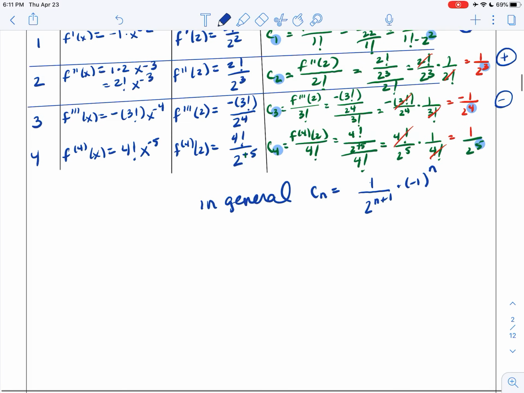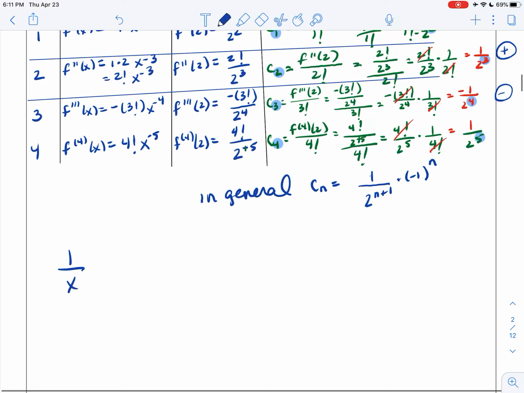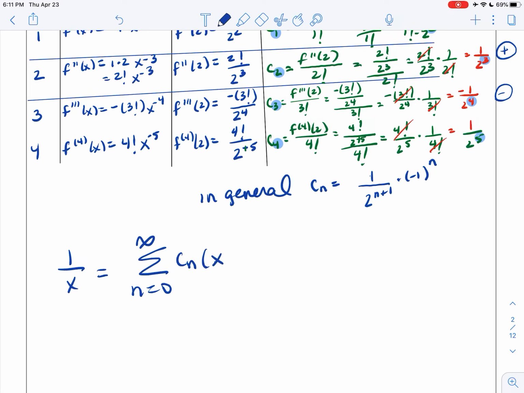So since I have an n general, I can form my Taylor series. So my 1 over x, if it has a Taylor series expansion, when I start from n equals 0 to infinity, my C sub n, if I'm going to go around 2, I want to put x minus 2 to the n.